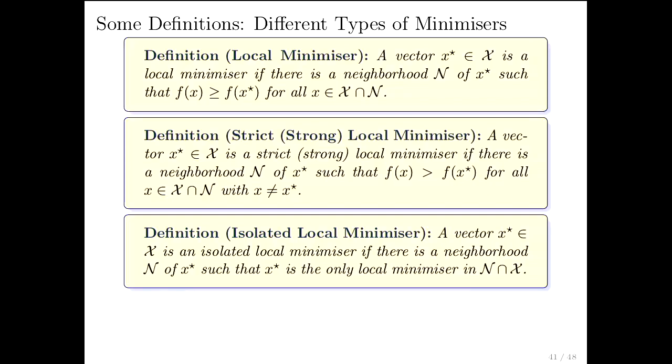Now, there are definitions for different types of minimizers. There are three types. We have a local minimizer, we have a strict local minimizer, and then we have an isolated local minimizer.